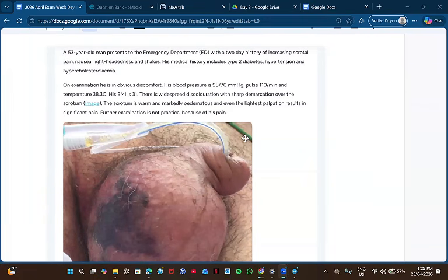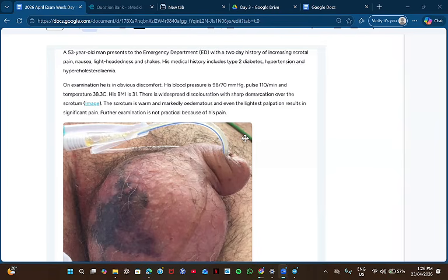A 53-year-old man presents to the emergency department with a 2-day history of increased scrotal pain, nausea, lightheadedness, and shakes. His medical history includes type 2 diabetes, hypertension, hypercholesterolemia. On examination, he's in obvious discomfort. His blood pressure is 90/70, pulse 110, temperature 38.3, BMI 31.